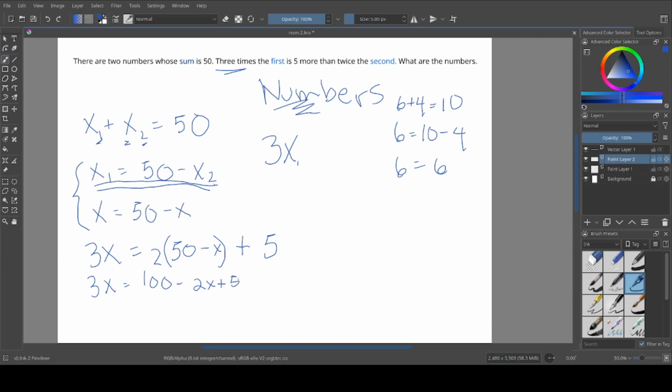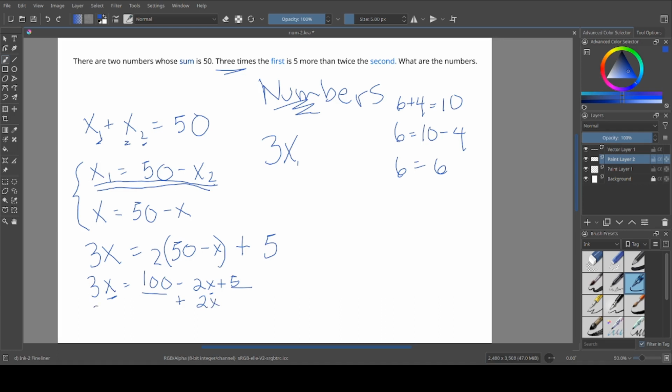I can say now combining like terms. Combine this with this. And I have an x here and an x here. So I can add 2x to this side, and add 2x to this side.